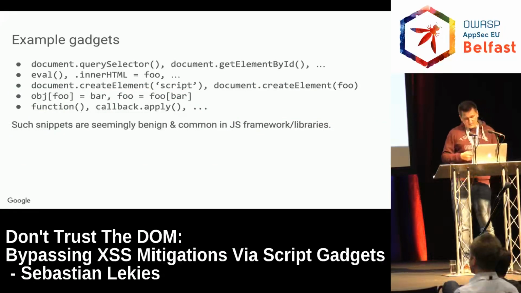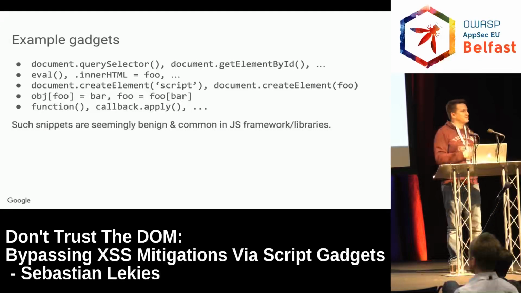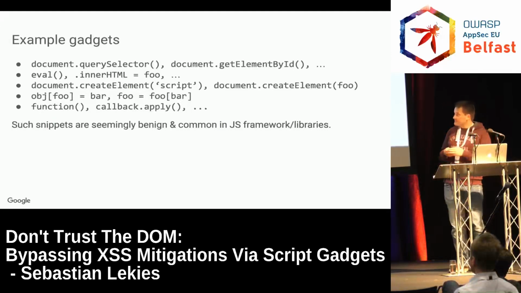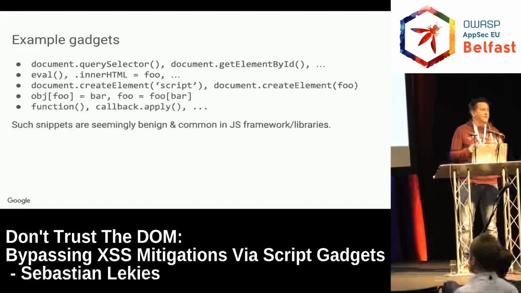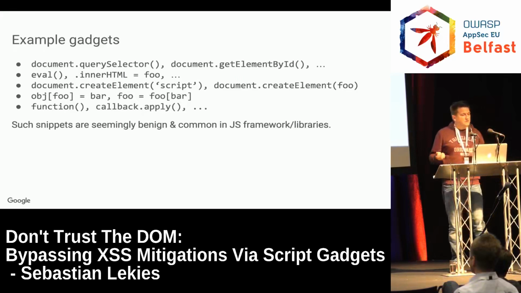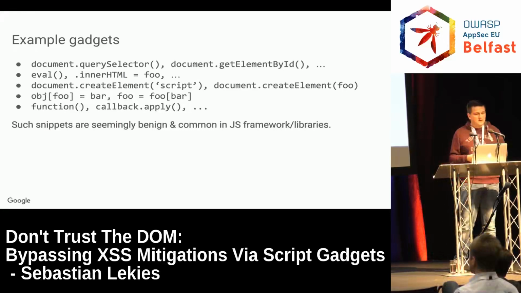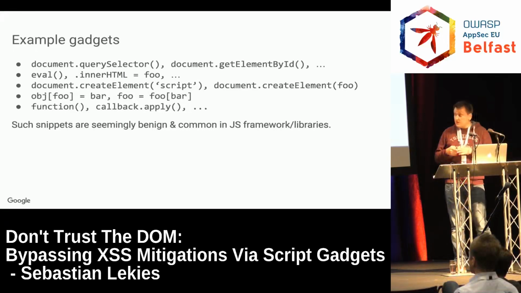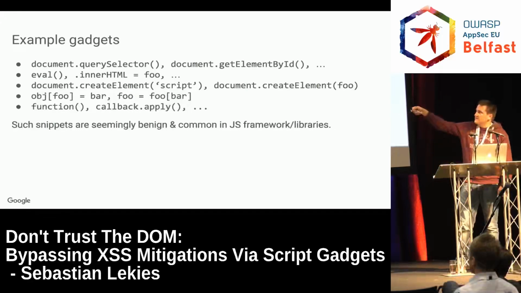And this is what we actually found in the frameworks. So we looked at the framework code, and frameworks have many different kinds of gadgets. The first thing that you see is that frameworks make heavy use of selectors, as I explained before. So you see document.querySelector a lot, you see document.getElementById a lot, and so on. So they frequently read data. And what they also do a lot is innerHTML-ing stuff and eval-ing stuff.